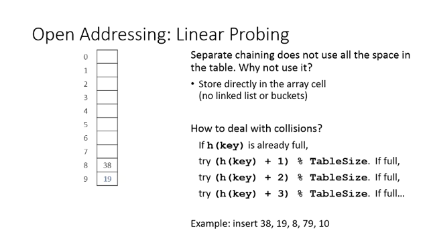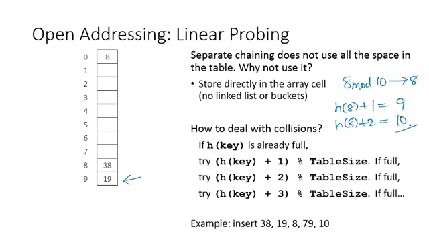The next element is 8. 8 mod 10 gives the 8th position, and in the 8th position you have a collision. So h of 8 plus 1, the first collision, will be equal to 9. I check the 9th position again, and again a collision happens. It's the second collision, so you will have 2, which is 8 plus 2 is 10.